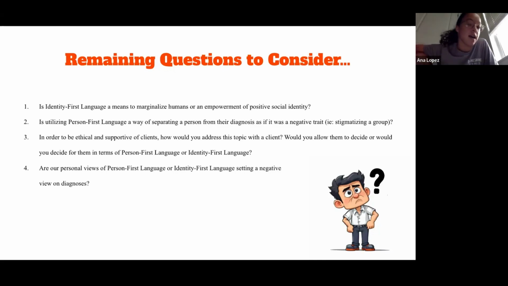I don't know if that makes any sense, but I thought it was really interesting to see how individuals, in trying to reduce stigma, can be perceived as increasing stigma by using PFL.